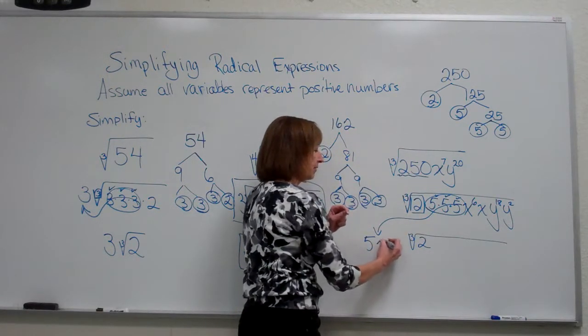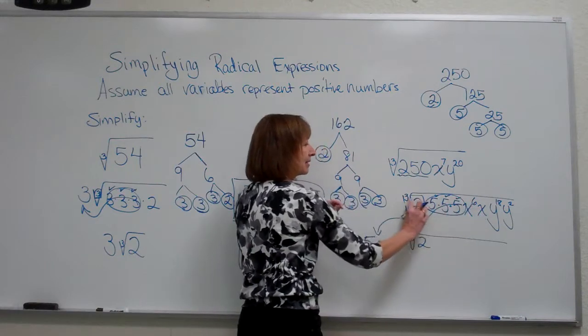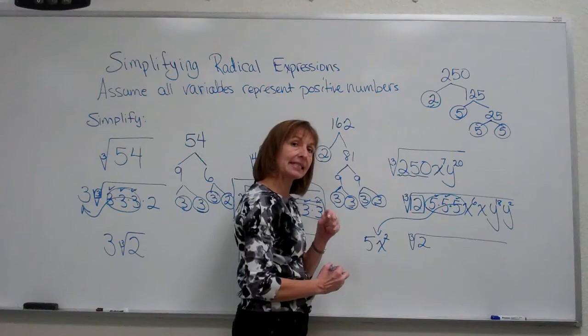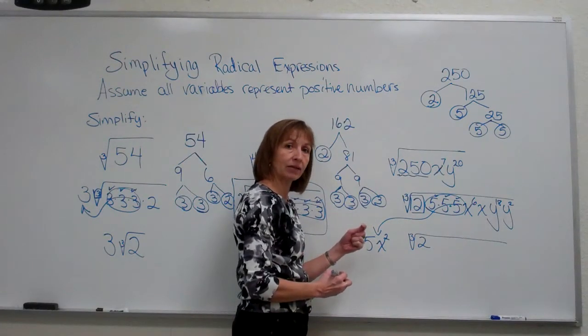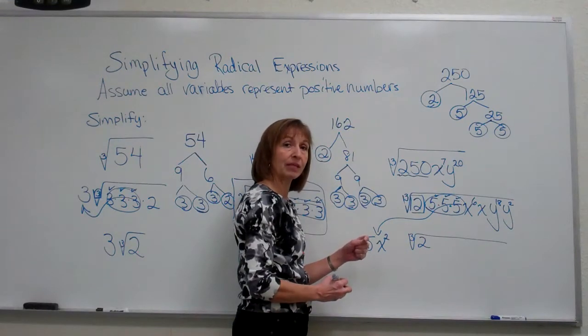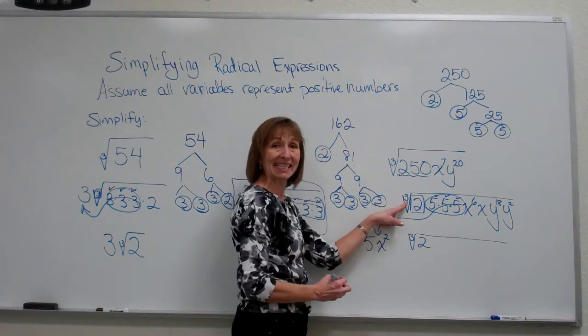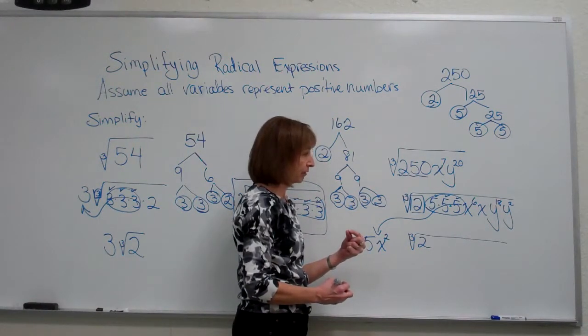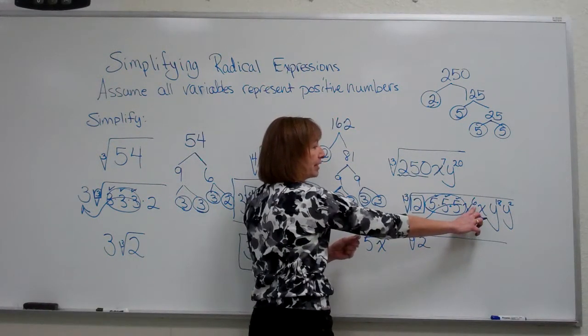So I keep my base of x, and 6 divided by 3 is an exponent of 2. And this ties back to the fact that radicals can be written as fractional exponents, and the denominator of the fractional exponent is the index. So we're basically just simplifying those fractional exponents. Okay, so that took care of the x to the 6th.